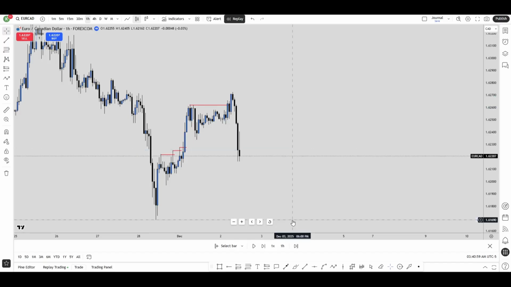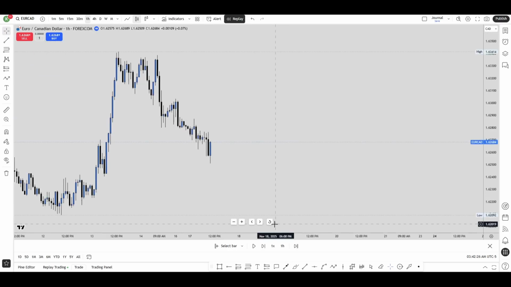Now we can see price has retraced. And we can see how price kept on moving all the way to the buy side. In this example, we're going to be looking at a sell trend scenario. We can see here that the market has been breaking structure here, here, here, and the most recent one is right here.